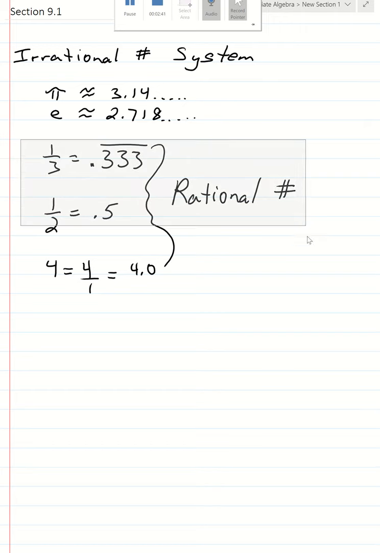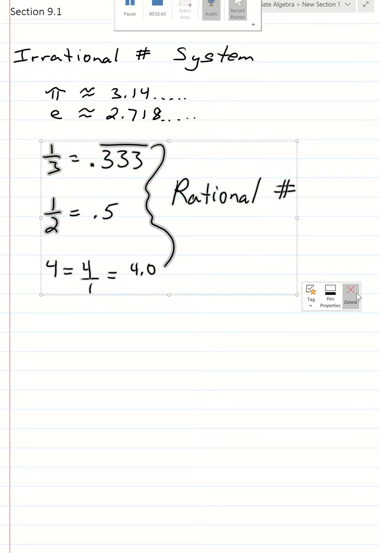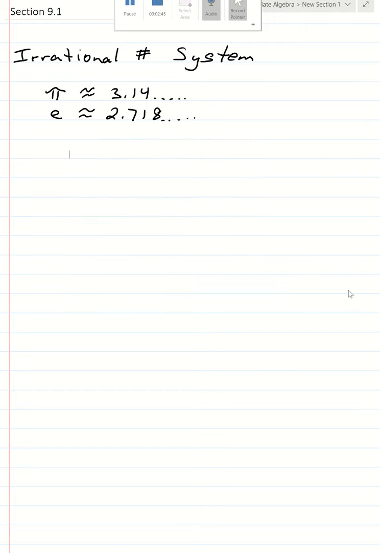Now, the ones that we are going to be dealing with the most in chapter 9 are numbers like, let's say, the square root of 2, or let's say the square root of the number 3. And these are radical numbers, okay? And that's what we're going to be dealing with exclusively throughout chapter 9, okay?